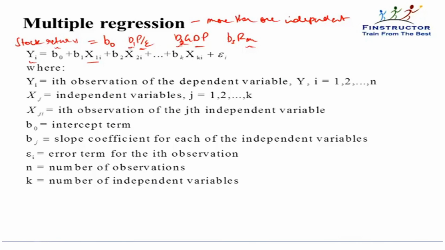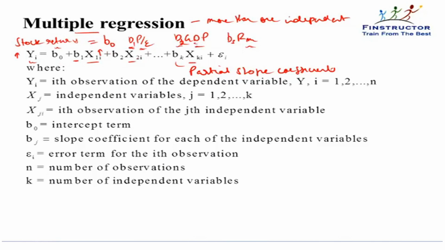The slope coefficients in multiple regression are referred to as partial slope coefficients. The slope coefficient B1 represents how much the value of y would change for a 1 unit change in x1, keeping all other variables constant.